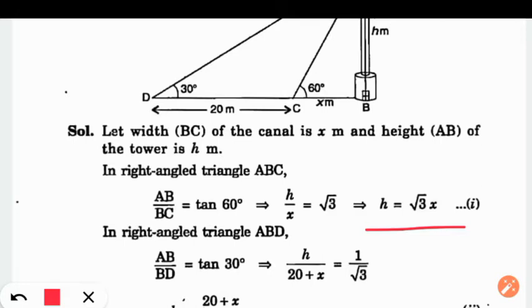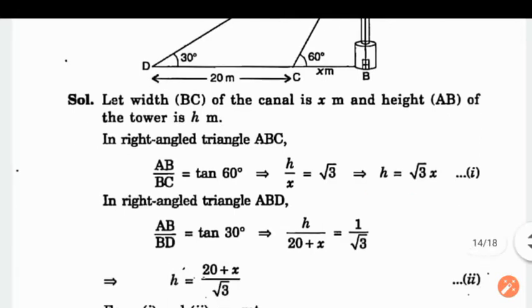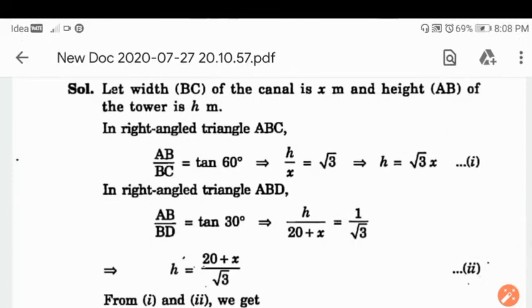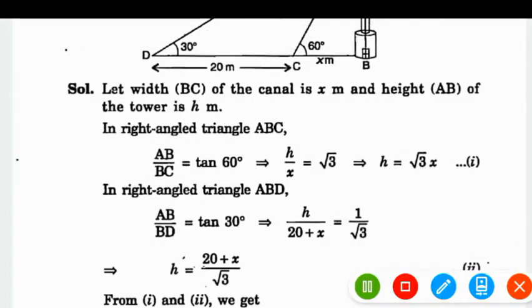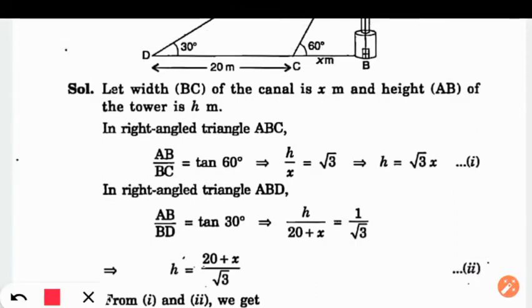Now take the bigger triangle ABD. Again we will use tan of angle 30 degree. Tan of 30 degree gives you AB by BD. AB is h and BD will be x plus 20, that is BC plus CD, right?